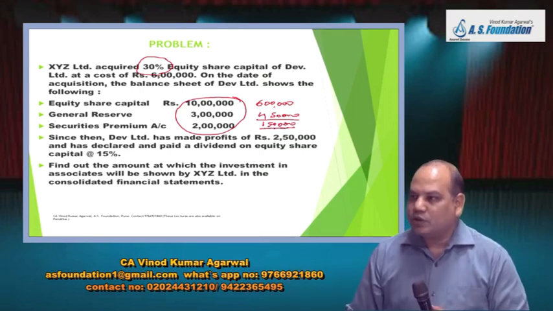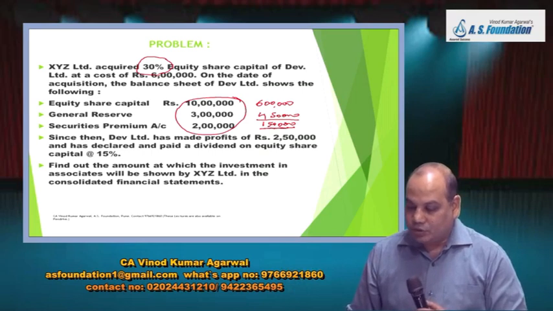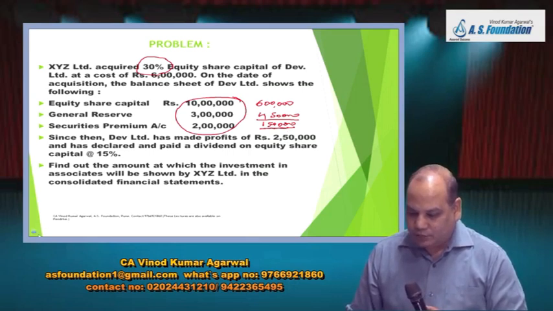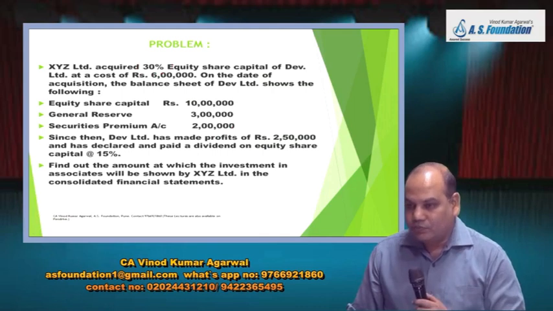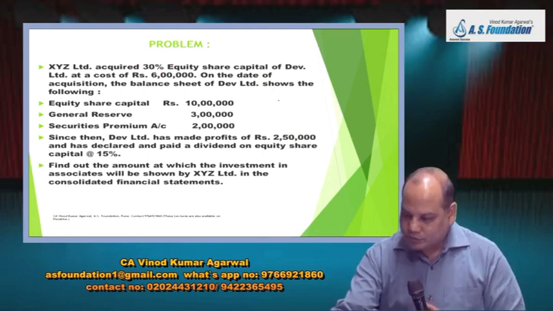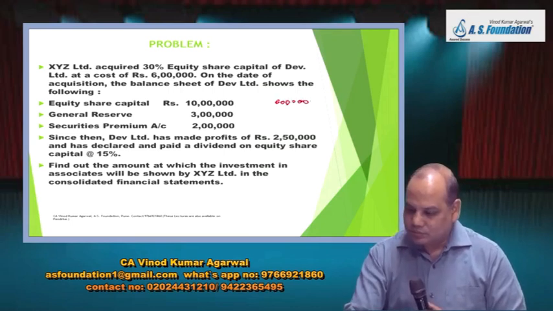If it is goodwill, no further treatment is required. Then Dev Limited made a profit of 2,50,000 and declared a dividend at the rate of 15% on the share capital. Find out the amount at which investment in associate will be shown by XYZ Limited in the CFS. Now the problem is similar to the previous one. 6 lakh is the cost.